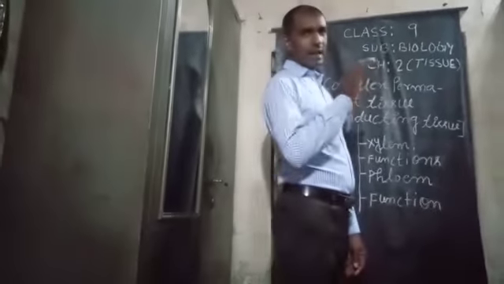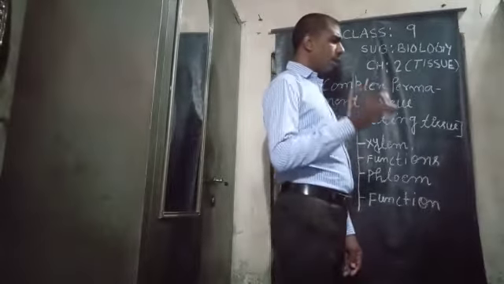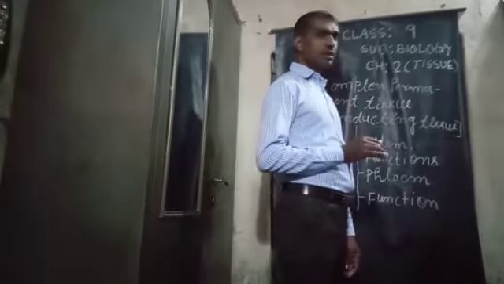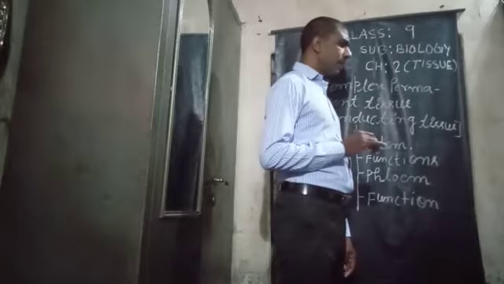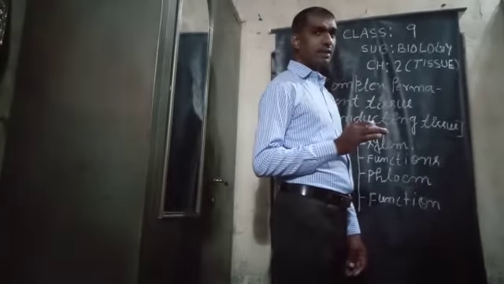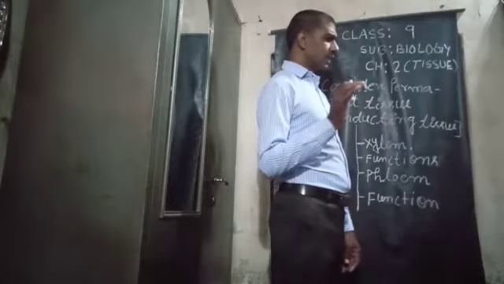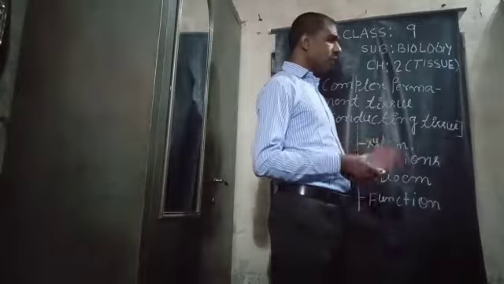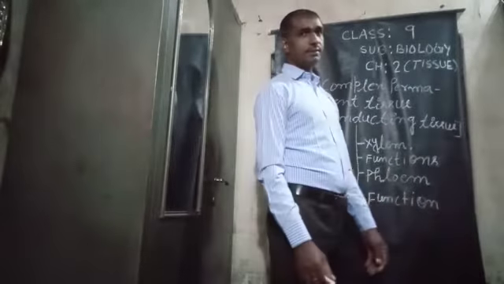So first of all, I am going to describe sieve tubes. Sieve tubes are a collection of thin-walled, elongated cells placed end to end, forming slender tubular structures.